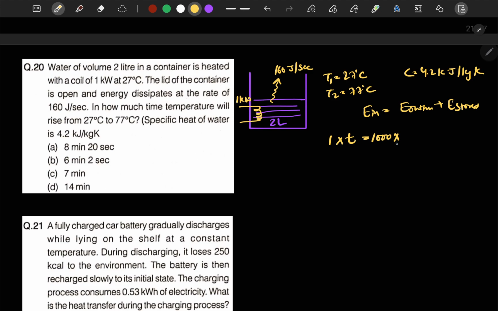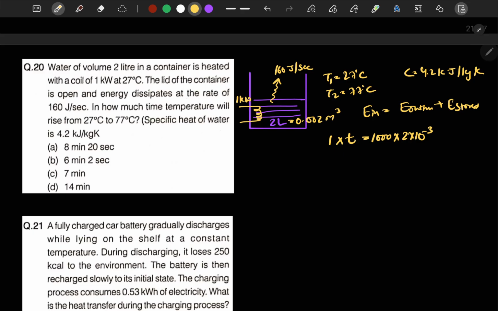Into volume, 2 liter, which is 2 into 10 to the power minus 3 meter cube, so 2 liter will be 0.002 meter cube.